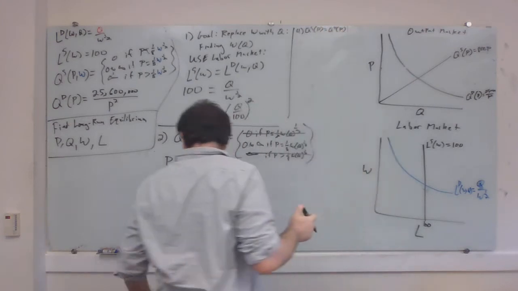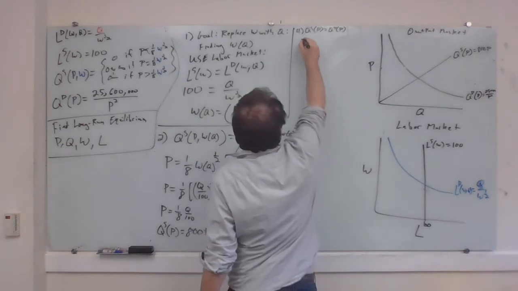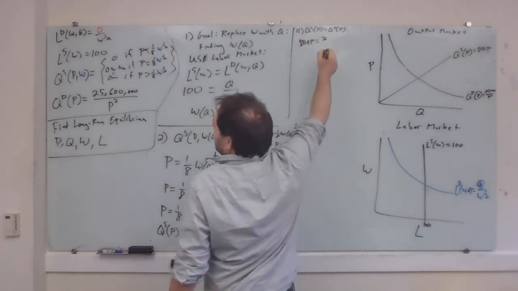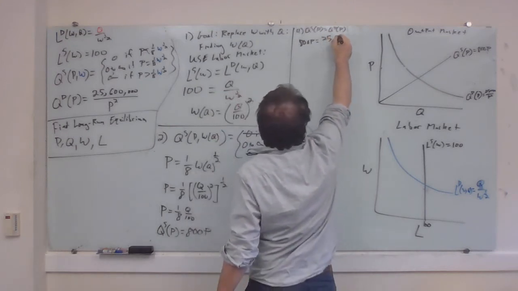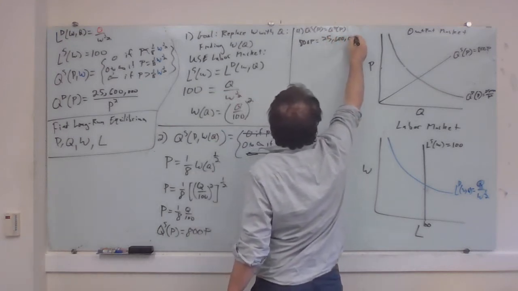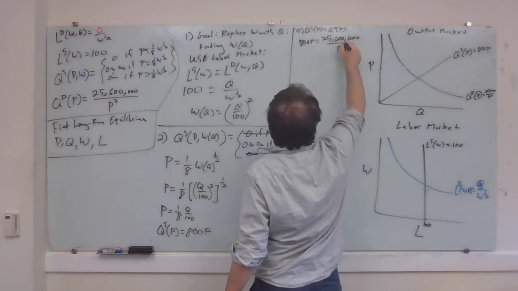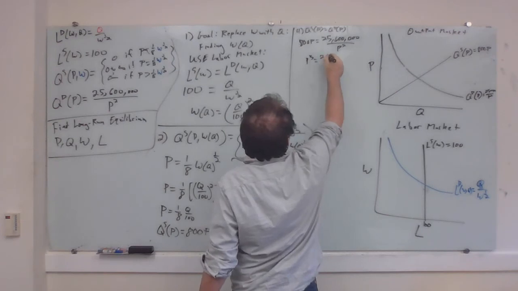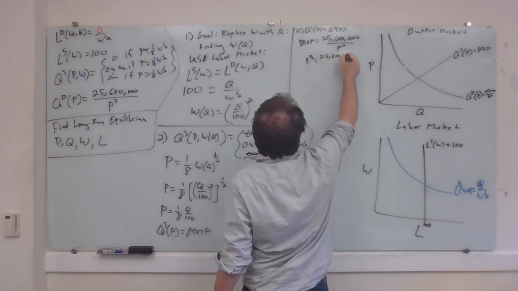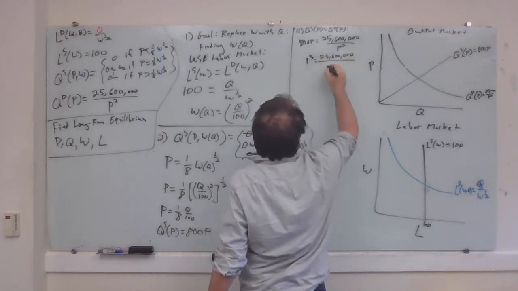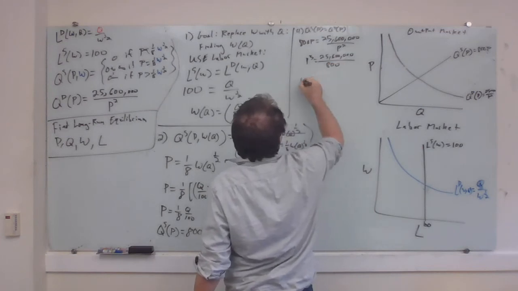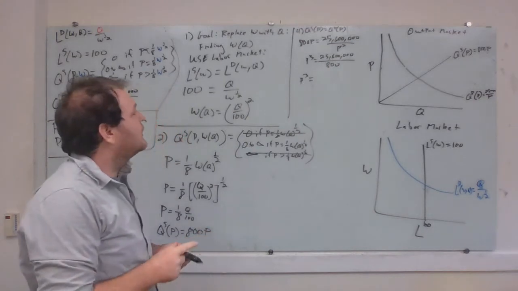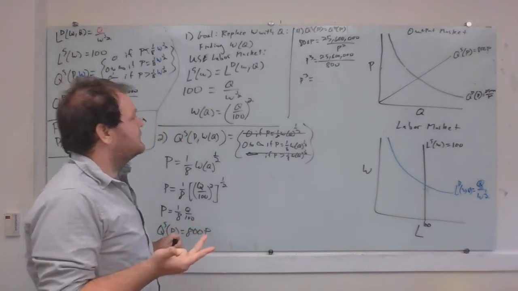So if we set supply equal to demand, we're going to be able to find P. This makes sense? So we'll just say 800P equals 25,600,000 over P squared, right? P cubed has to equal 25,600,000 over 800. So P cubed is going to be, well, 256 divided by 8, right, well, 128, 64, 32.